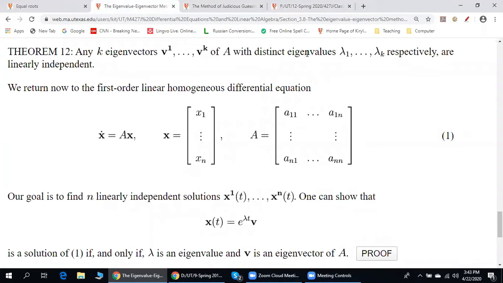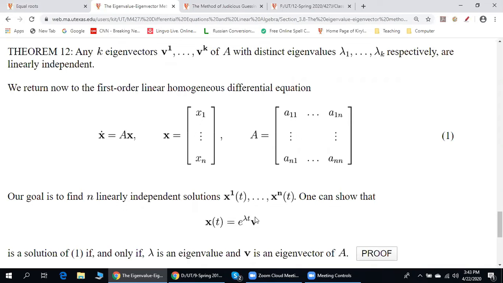Now, section 3.8 says that a particular solution of our system can be written as e to lambda t times v. So, if we can find n linearly independent eigenvectors, then we can find n linearly independent particular solutions.